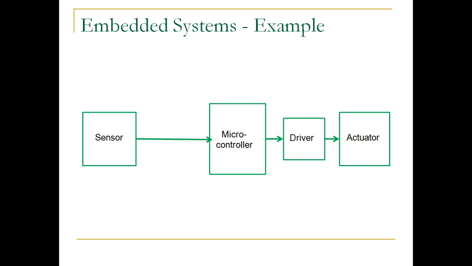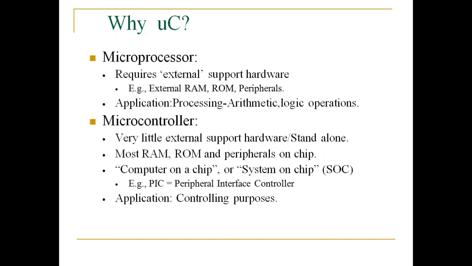So that is the difference between a microcontroller and a microprocessor. A microprocessor is generally used for processing applications, but it will have less peripheral support. A microcontroller is used for controlling applications, so it will have more internal peripherals.